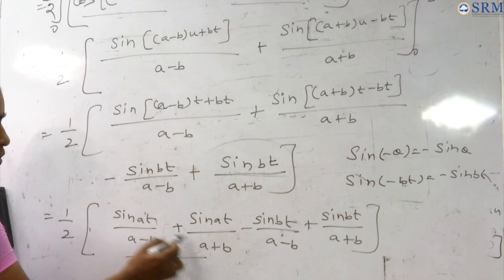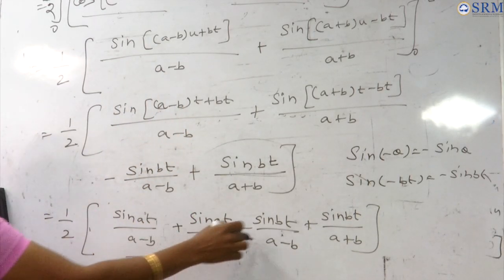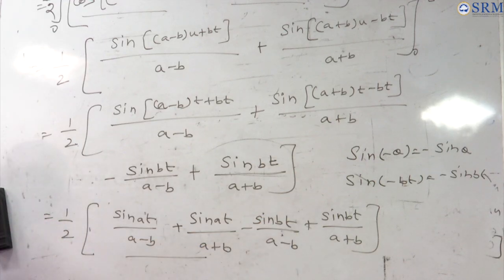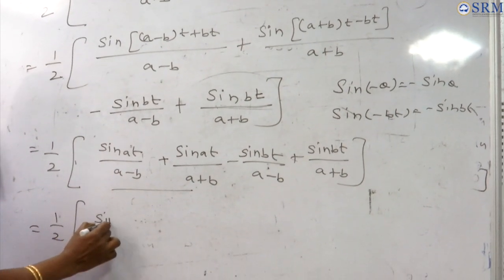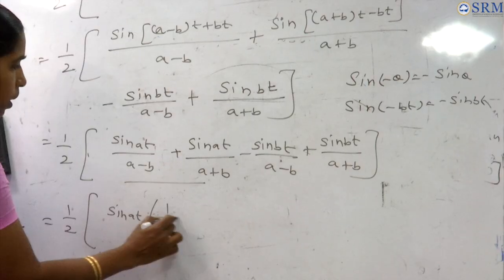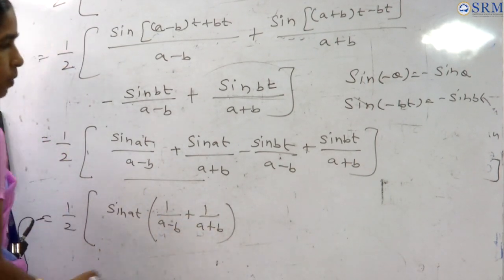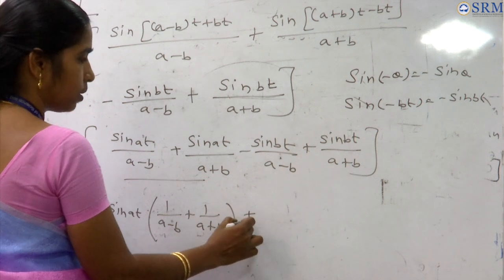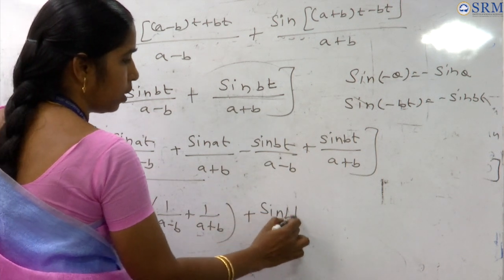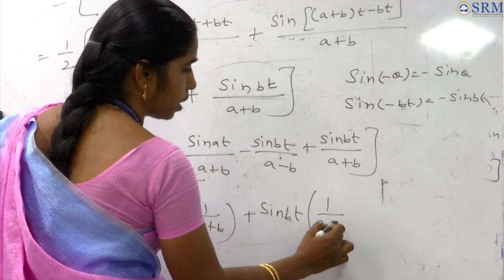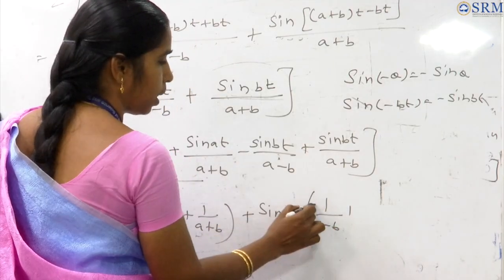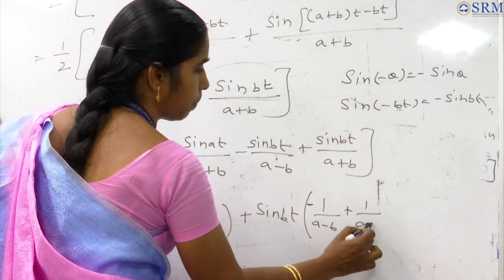So combine the first two terms: sin at, and the next two terms with sin bt. So 1 by 2 sin at times (1 by a minus b plus 1 by a plus b), plus sin bt times (minus 1 divided by a minus b plus 1 divided by a plus b).